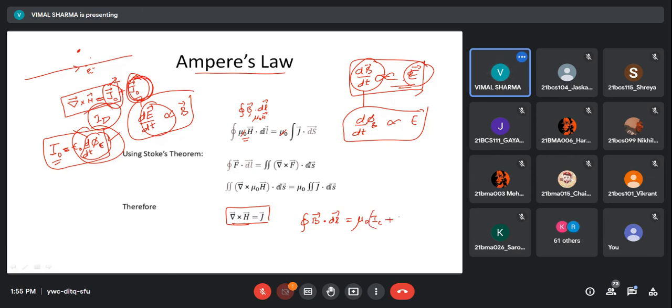Now we have introduced one more reason for magnetic field, and that is displacement current, which is related to magnetic field in a way that it is proportional to the rate of change of electric flux, or rate of change of electric field. So this is my modified version of Ampere's law. I_D is the modification in this law, and this modification was suggested by Maxwell. That's why this is not called Ampere's law now. This is called Maxwell Ampere's law.